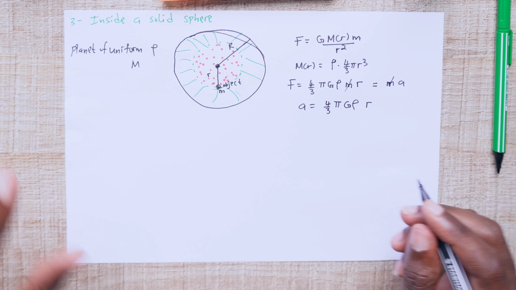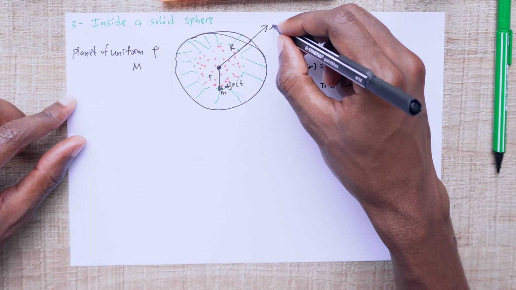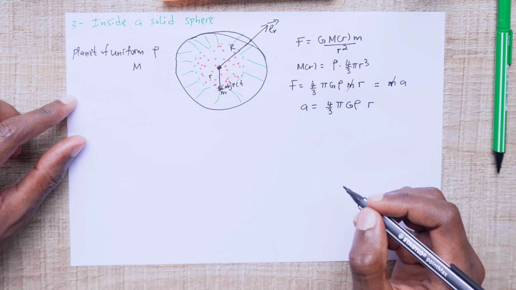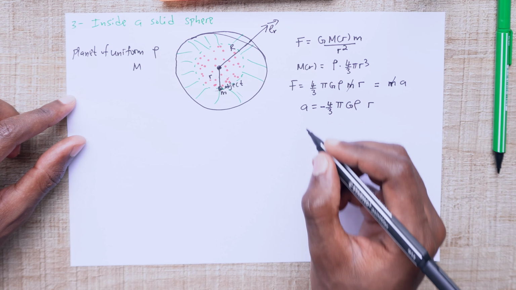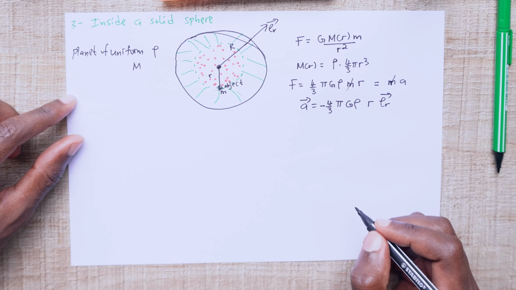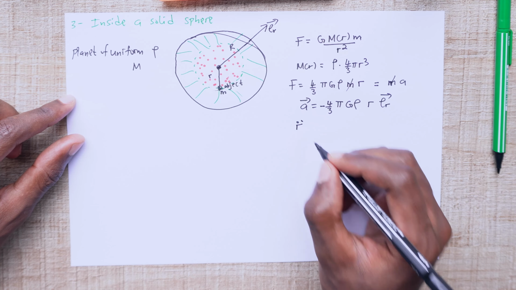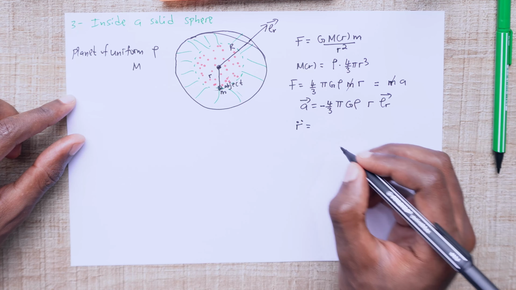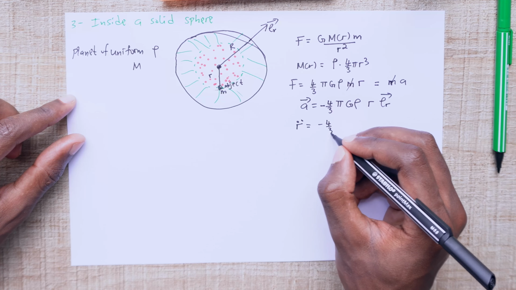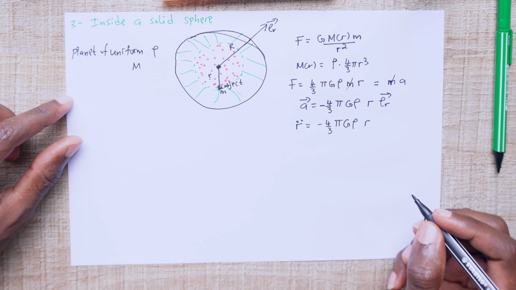Of course here I have neglected the unit vectors, but you could imagine that there was a unit vector e_r, in which case I would put a minus here, a vector here, and e_r like this. Or if you prefer, I can say that r double dot is negative 4/3 pi g rho r.